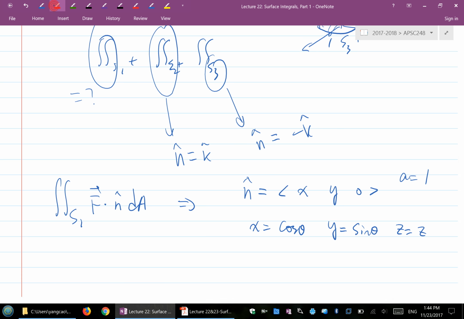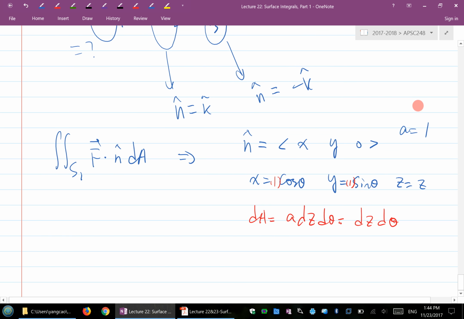Now, you should have an a here, but a is 1, so that's why just cosine theta, sine theta. And dA is a dz d theta, and a equal to 1, so it will just be dz d theta. So you got everything here.